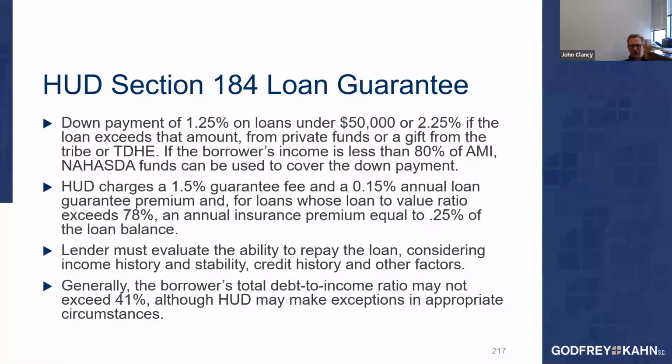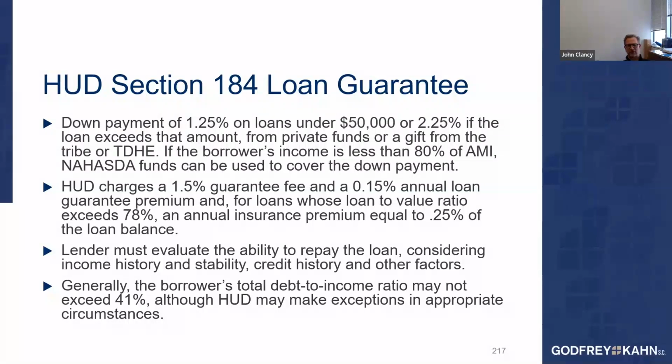HUD's providing a guarantee, and there's processing they have to do. So they do charge a fee for the guarantee. It's a 1.5% fee on the value of the home or the price of the home. And they also have a relatively small annual loan guarantee premium of 0.15%. And then on top of that, as long as the loan to value ratio exceeds 78%, there's an annual insurance premium equal to 0.25% of the loan balance.